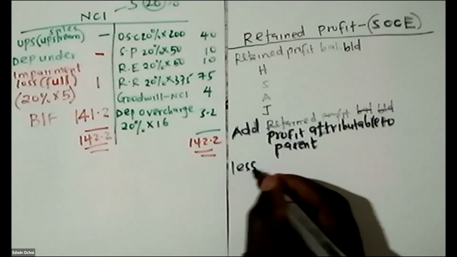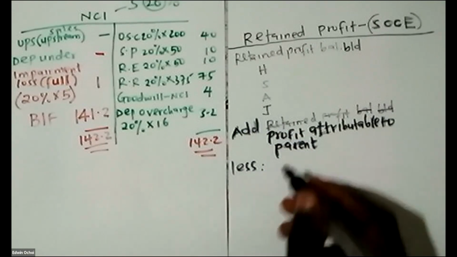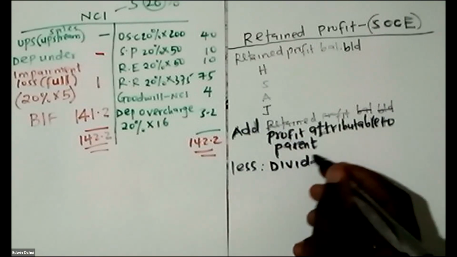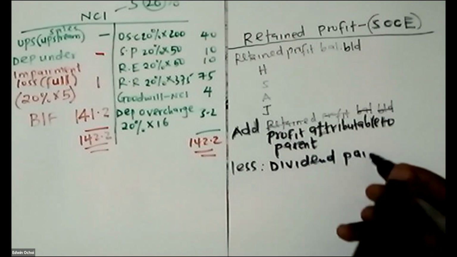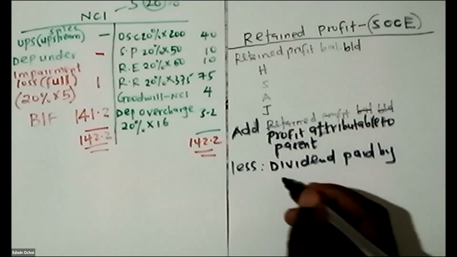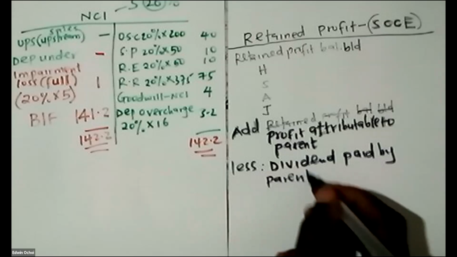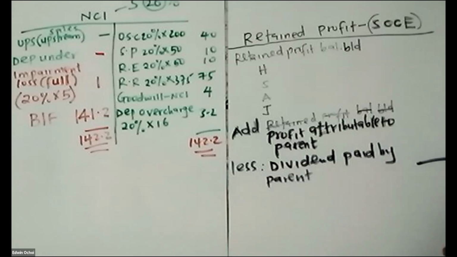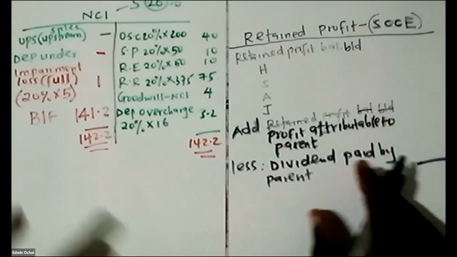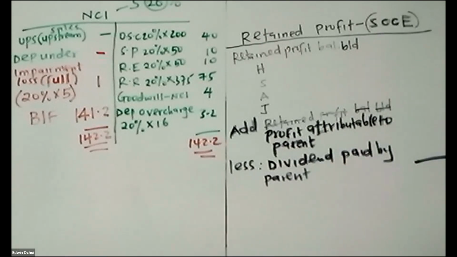Then what you subtract is concerning dividends paid by the parent. So profit attributable to parent was from the income statement. Which figure did you get?